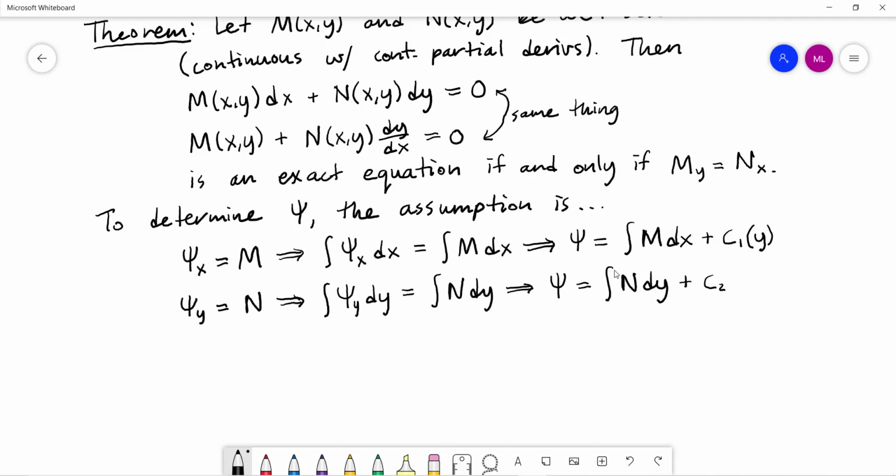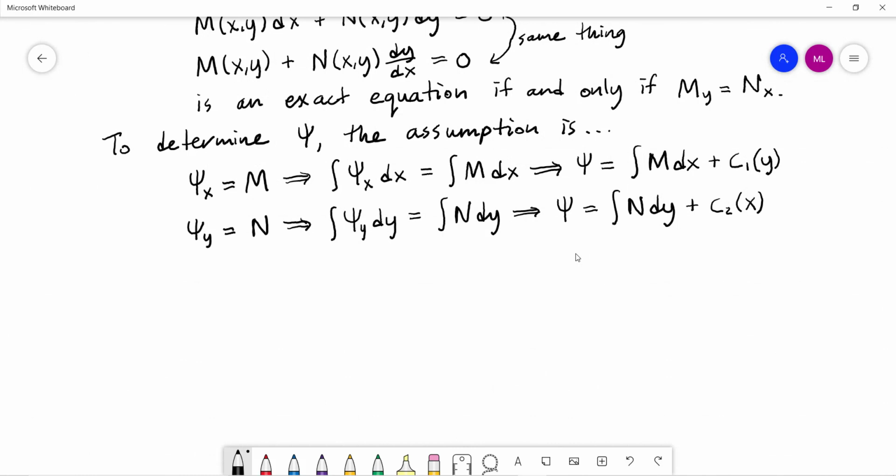Similarly, down here, we integrate with respect to y, so this is a constant as far as y is concerned, but that could still mean it could potentially be a function of x. And this will give us two different guesses for psi, and we can compare them together to figure out what our best guess is for psi. And we'll talk about how we can do that.